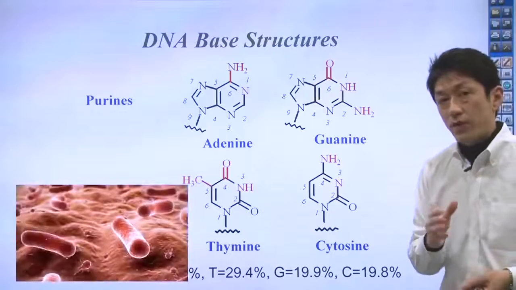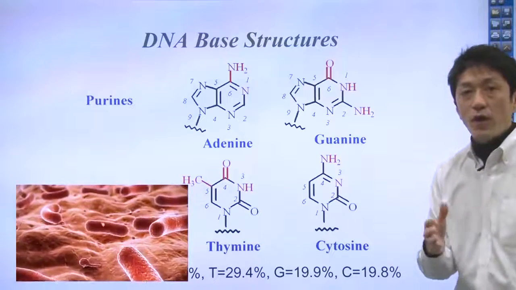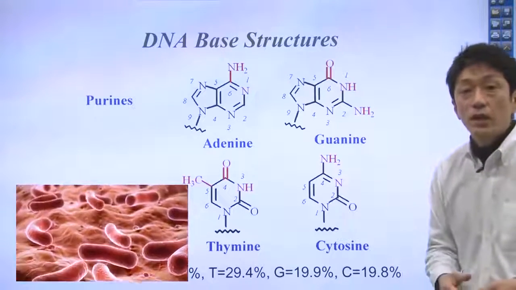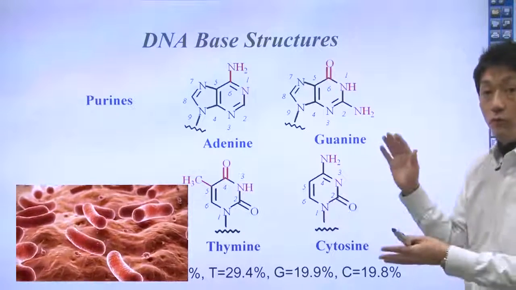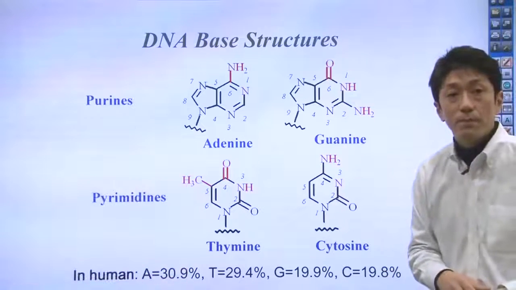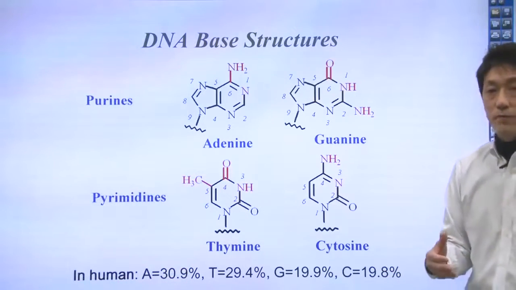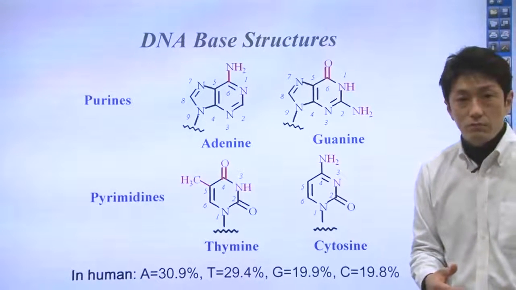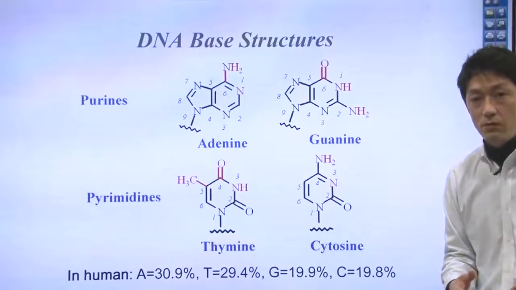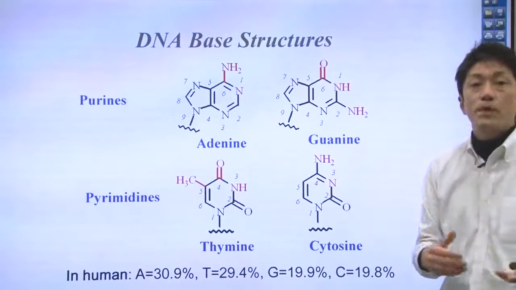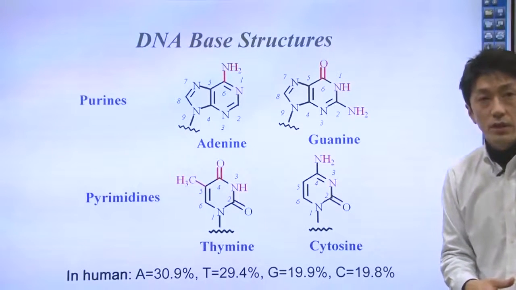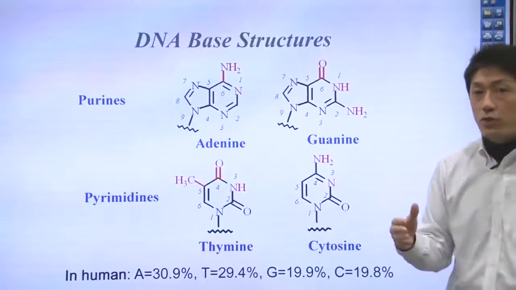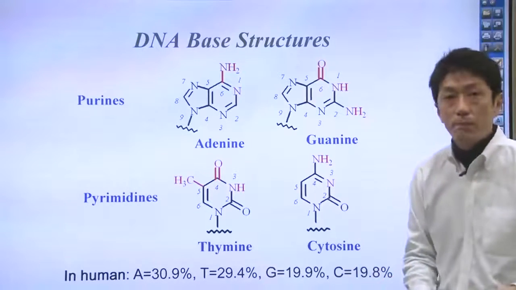However, all living things, from bacteria all the way up to human beings, have all 4 bases in common. Human beings should be better than bacteria. If bacteria have 4 bases, human beings may have 6. That's what people originally thought. But we have only 4, just like bacteria.